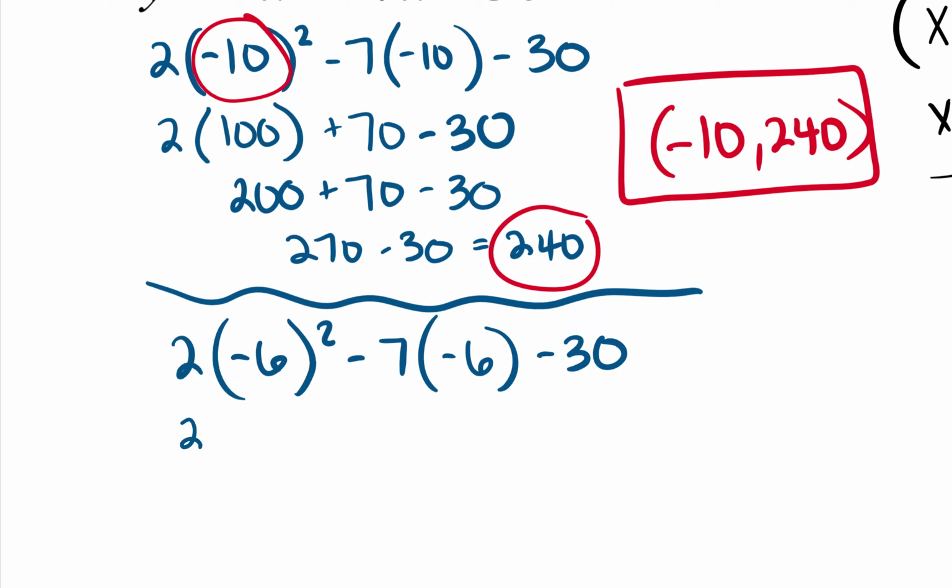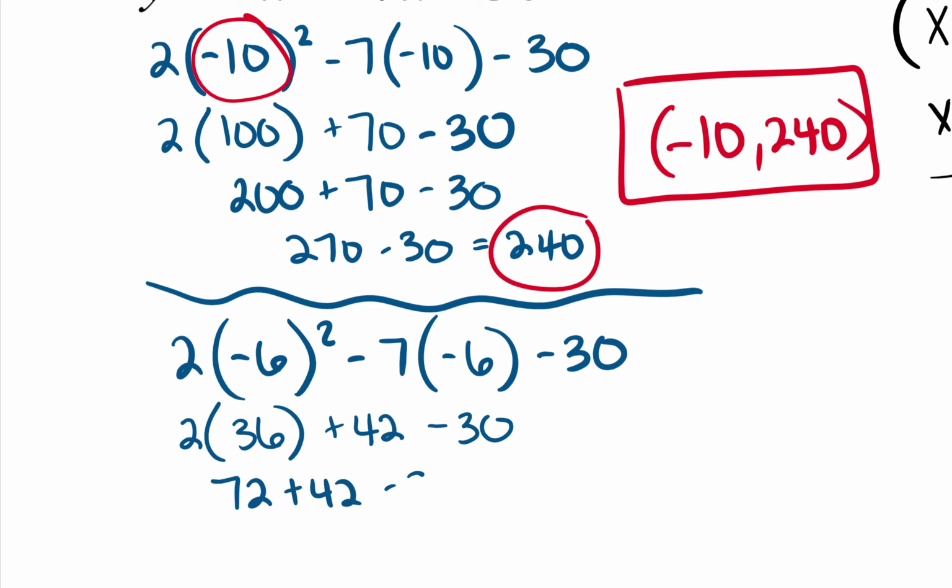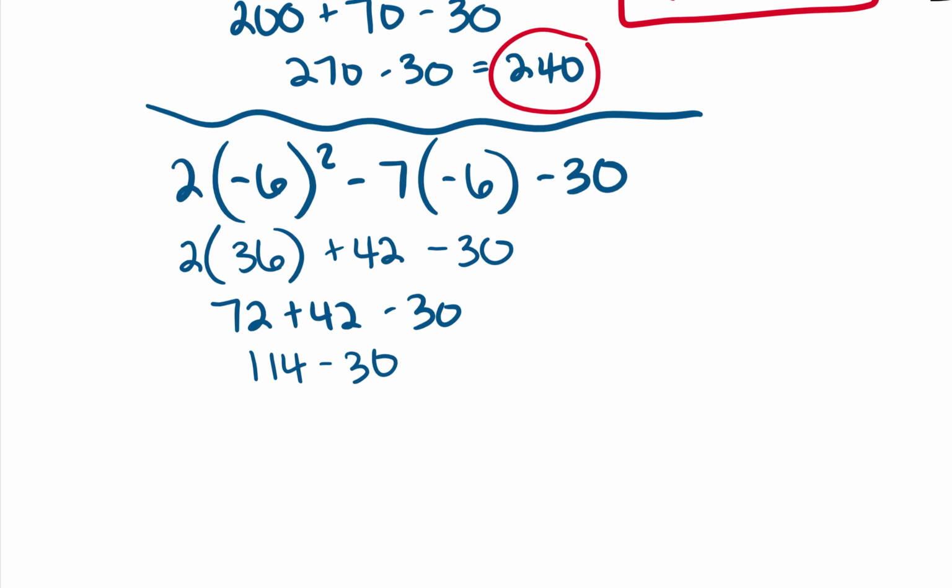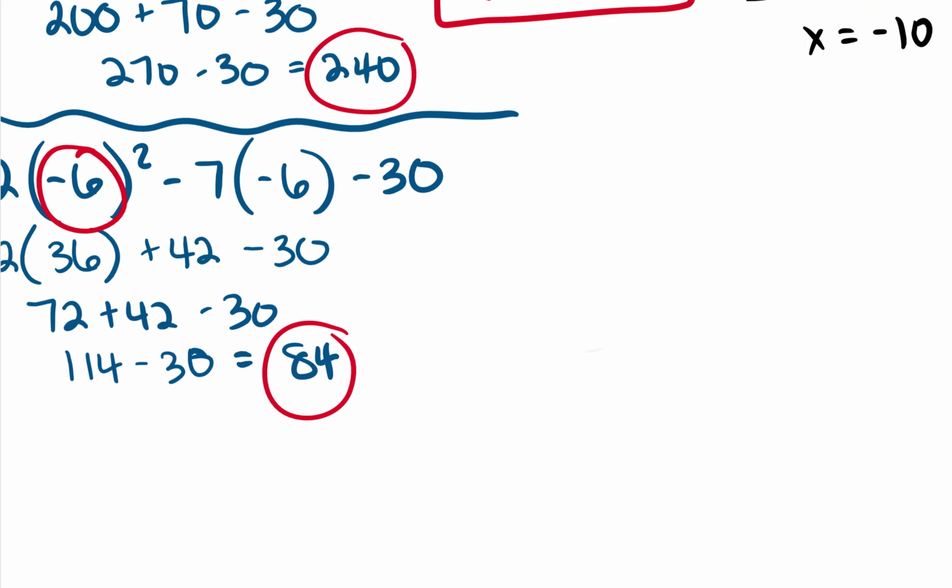So 2 times 36 plus 42 minus 30. 72 plus 42 minus 30. Was that 114 minus 30? Gives me, what, 84? And so I have negative 6, 84 is my second answer.